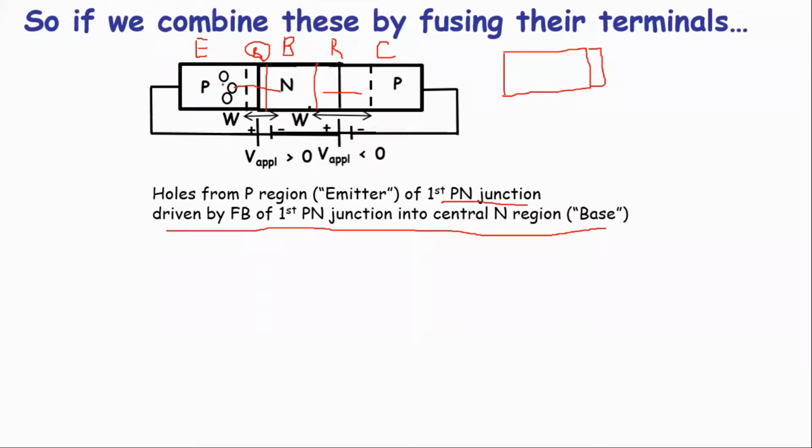Whenever holes come into N-type material there will be recombination, but your base is small as compared to the emitter, so very few of the holes will recombine while most of them remain uncombined.